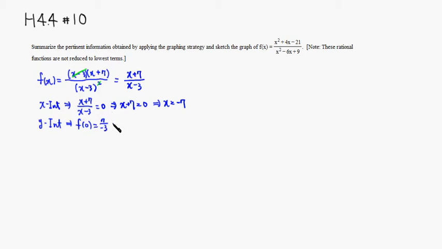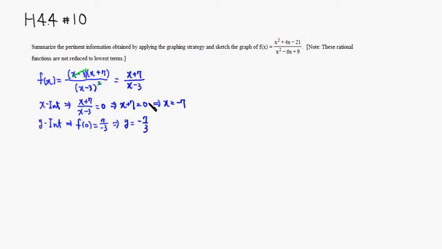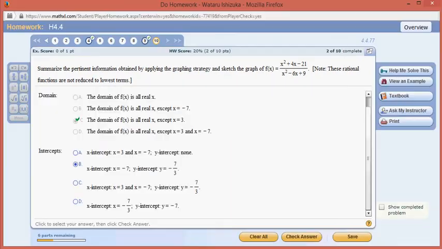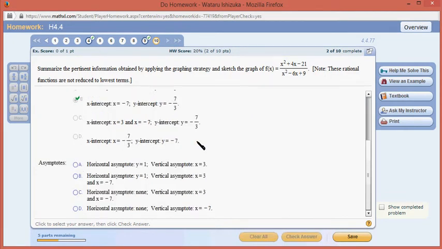So the y-intercept is negative 7/3. So x equals negative 7 and y equals negative 7/3. Seems like this is the one we're looking at. Check that. We got that.